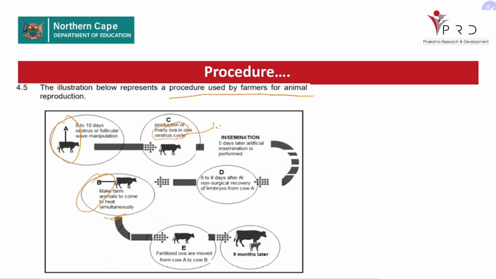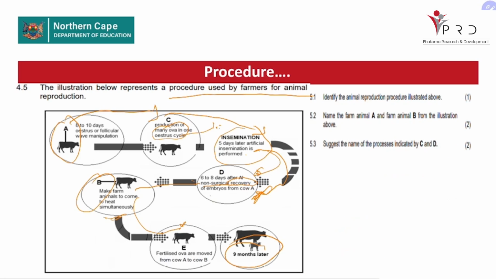So what you need to look at is non-surgical recovery of embryos. And then you look at this insemination. Five days later, artificial insemination is performed, but it is performed prior to D. So it goes from A to C, from C to insemination, from insemination to D, from D to B, from B to E, and then these are the results.